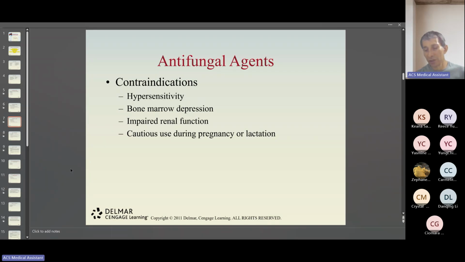Impaired renal function, meaning the kidneys. Most of these antifungal medications we are talking about are given intramuscularly or intravenously, otherwise not the topical ones. Some of the topical ones are kind of safer than other means of applying antifungal medications.